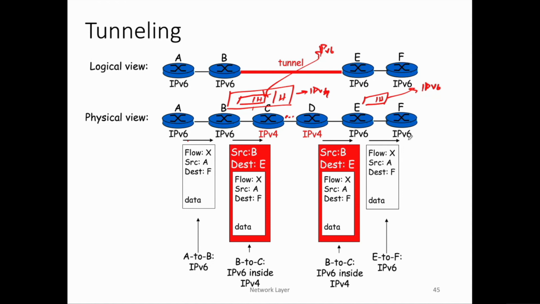So we can start doing the transition at the ends, where we will keep on updating, changing the IP version 4 routers into IP version 6 routers, and up to that we can use tunneling. So you can see that there is a tunnel from A to E, where we are encapsulating IP version 6 packets into IP version 4 packets, right?